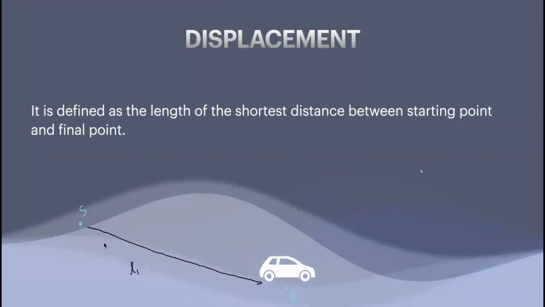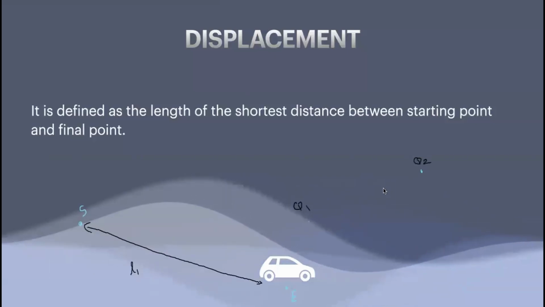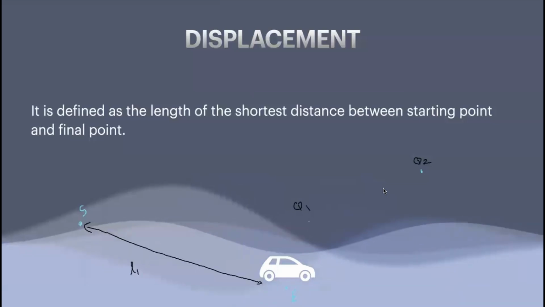So here displacement is not the sum of this path plus this path plus this path. If you take this as Q1 and this as Q2, displacement is not SQ1 plus Q1Q2 plus Q2E. No, no, no. It is nothing but the distance between the starting point and the ending point.